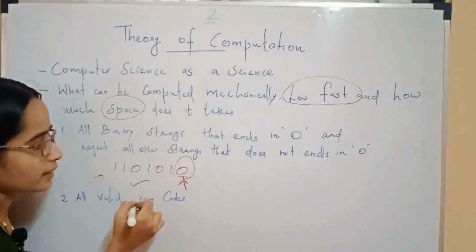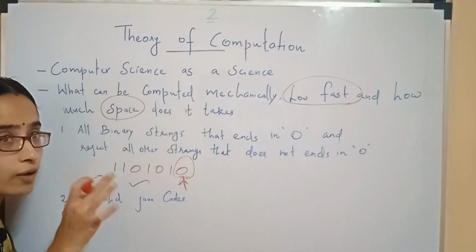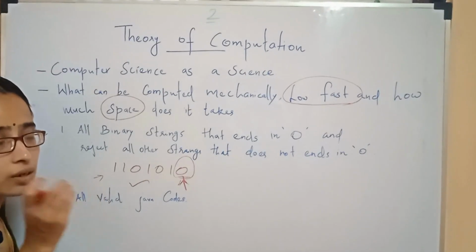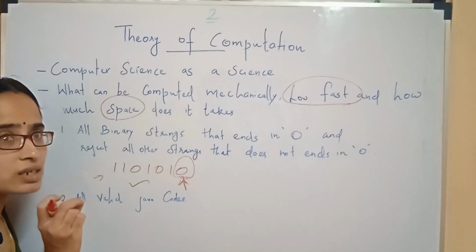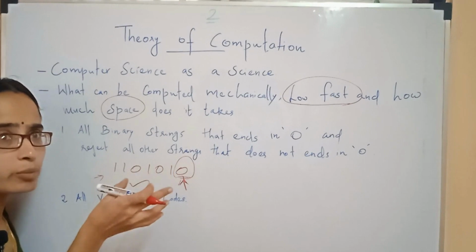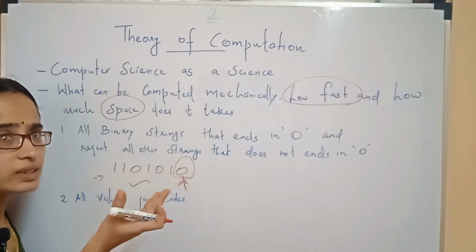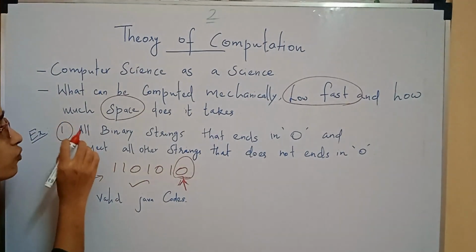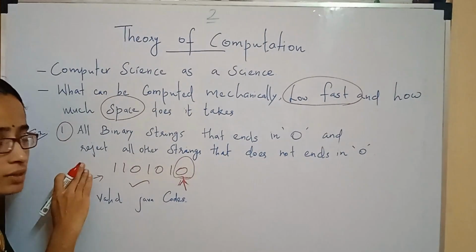You have to design the machine in such a way. The main task of the machine is to scan the last digit of the given input and say whether the input is accepted or not. This is the first kind of problem that can be solved by a machine.